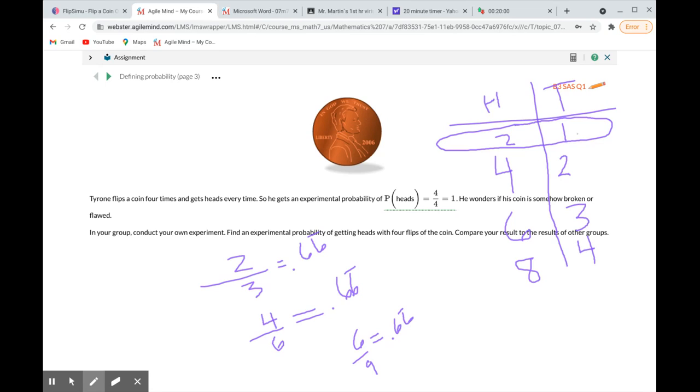And is it important to conduct a large number of trials, or should you just do like 1 or 2? So think about theoretical probability and experimental probability and answer that question.